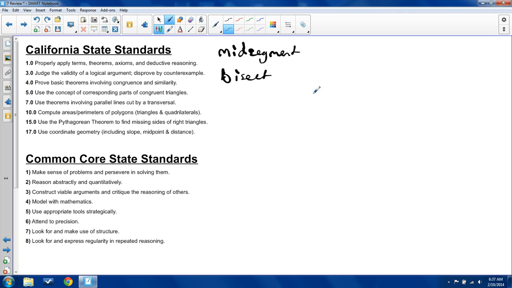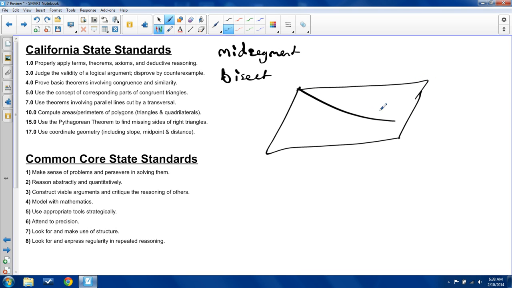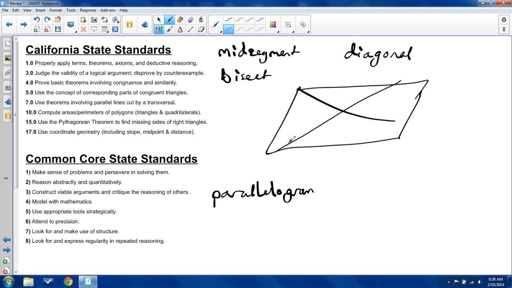There are two types. There are, I guess they call them segment bisectors, where, let's say I had a parallelogram, terribly drawn one, by the way. This diagonal, which is another, I'll just keep writing things as I think of them in parallelogram. Okay, the diagonal is the segment joined by opposite angles.